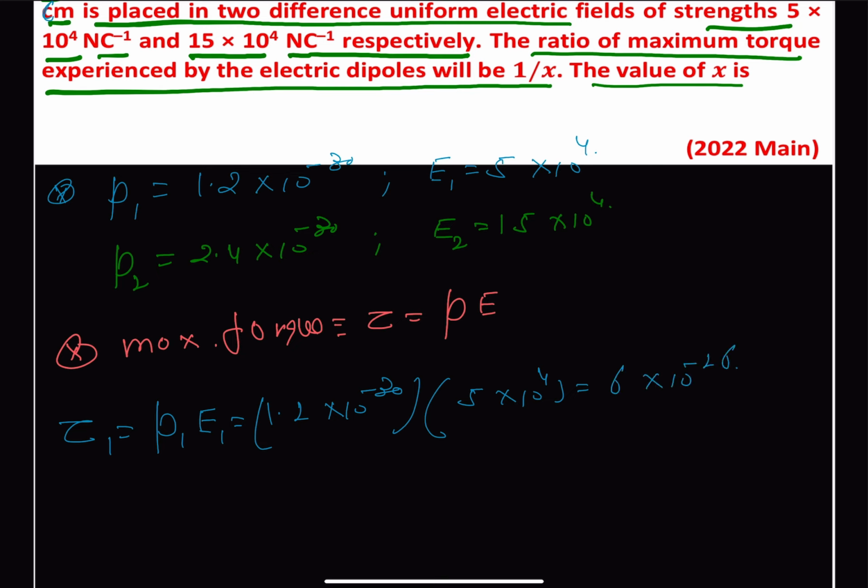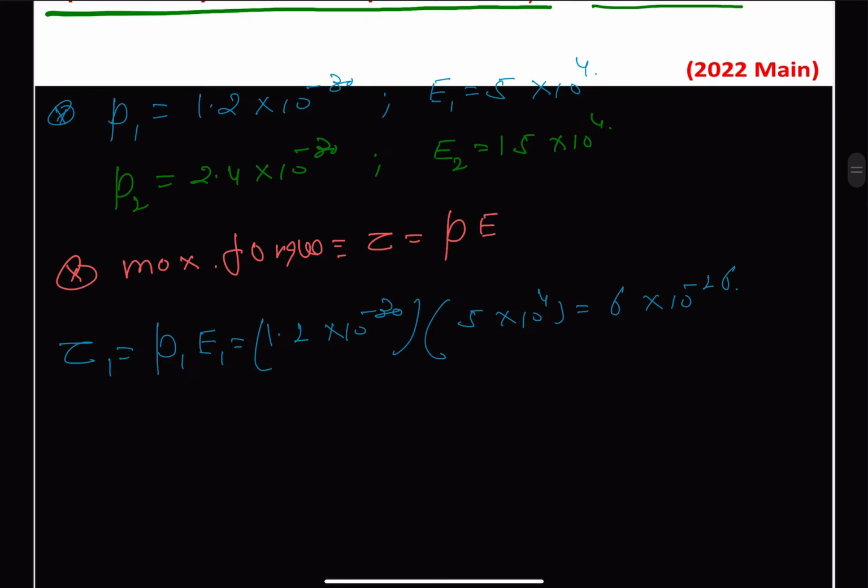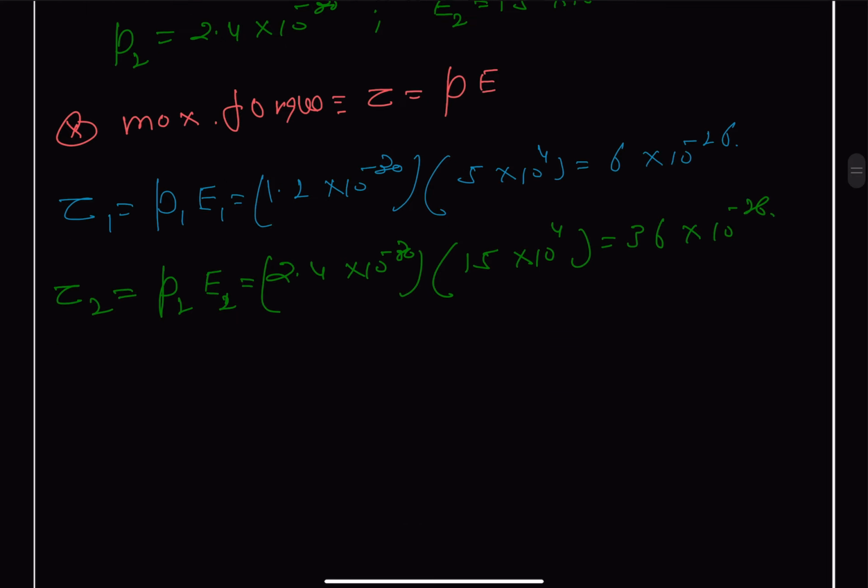And tau 2 for the second one, dipole moment times E2, is 2.4 into 10 to the power minus 30 times 15 into 10 to the power 4, and this comes as 36 into 10 to the power minus 26, and we need to find out the ratio.